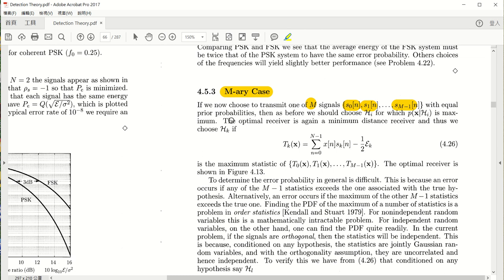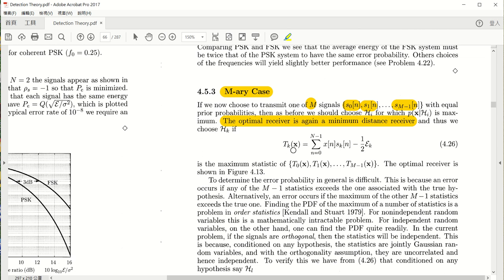Then again, we're not going to prove it here, but the optimal receiver is again the minimum distance receiver. So we are going to choose Hk if this is the maximum. Then what happens is we have the signal correlated with your target signal.